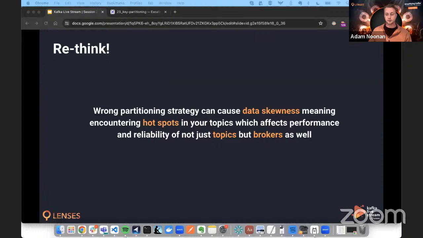So when we're developers and we're working through partitioning and what keys we assign, it's really important to keep in mind, starting from day one, what our partitioning strategy is and what value we're using for our key. Because getting this wrong can cause data skewness, which means encountering hotspots, overloading a single partition, and not distributing load efficiently.